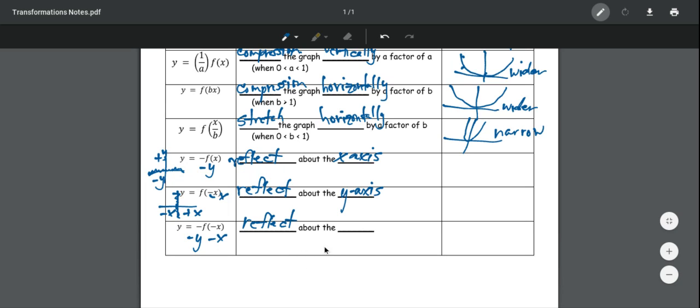And so it actually reflects across the origin, okay? So if it's up here, it moves down here, okay? So a reflection across the x-axis, if we go back to our square root graph, would look like this, and a reflection across the y-axis would look like this. A reflection across the origin would look like this.